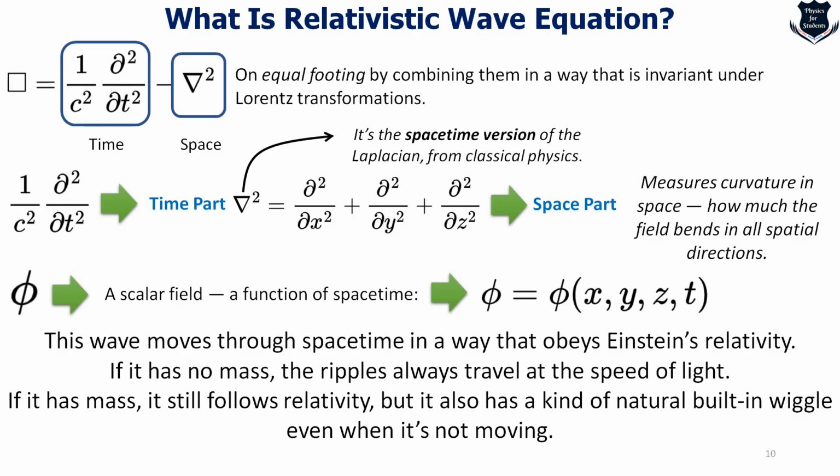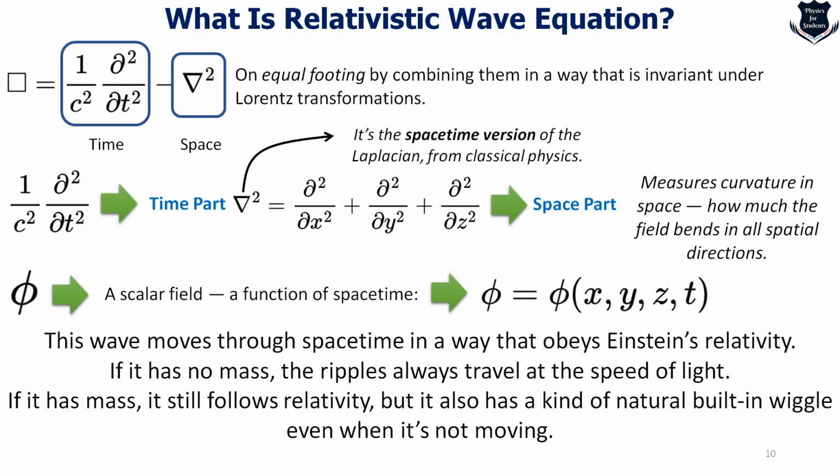The time derivative term measures acceleration in time, how the field changes. And the second term, nabla squared, measures curvature in space, how much the field bends in all spatial directions. So the key point is that together these terms measure the space-time curvature of the field in a Lorentz invariant way. Lorentz invariant means we get something which won't change with the change in frames of reference.